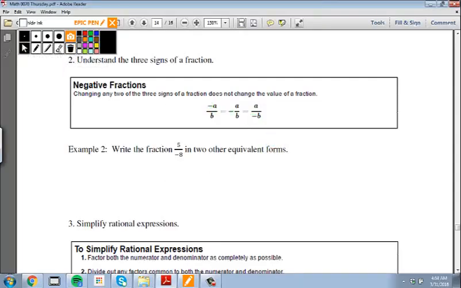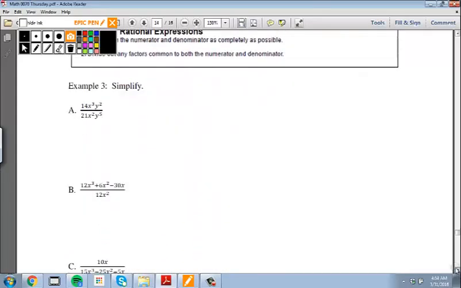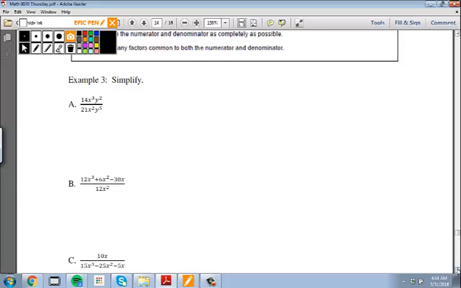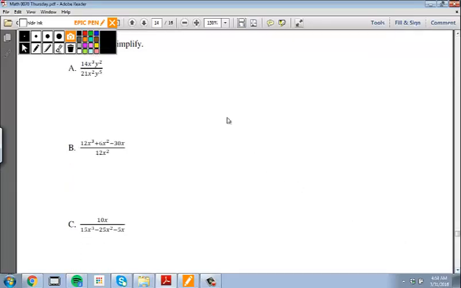Let's move on to topic 3, simplify rational expressions. So we're going to factor the numerator and denominator, and then cancel any common factors. So we have here 14 x to the third y to the second over 21 x squared y to the fifth. So let's factor the 14.